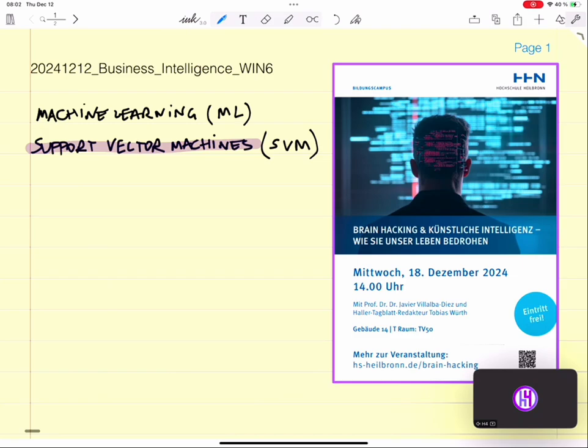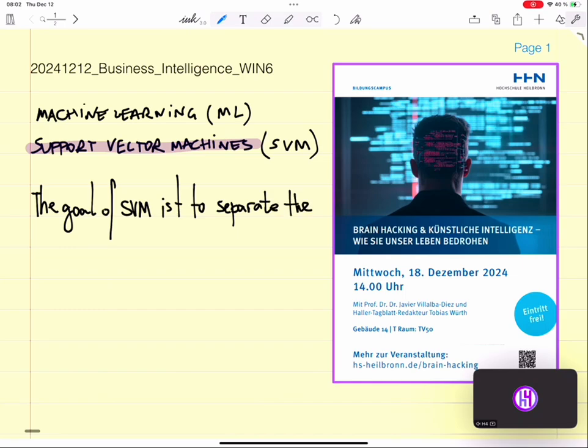So the goal of support vector machines is to separate the space in regions.